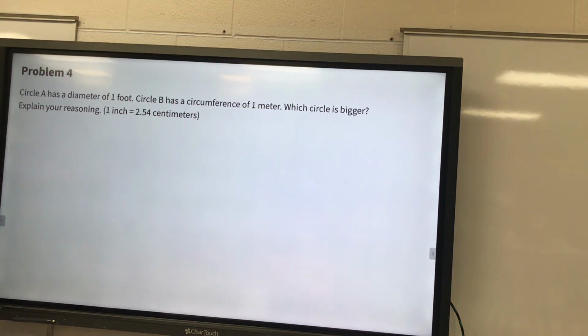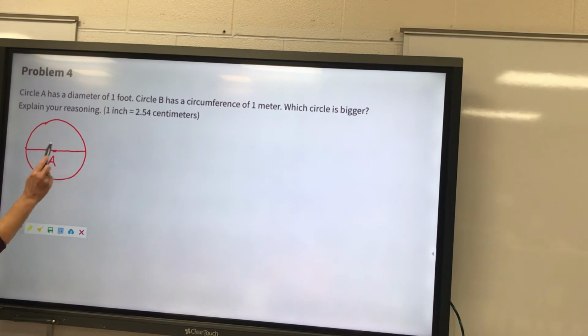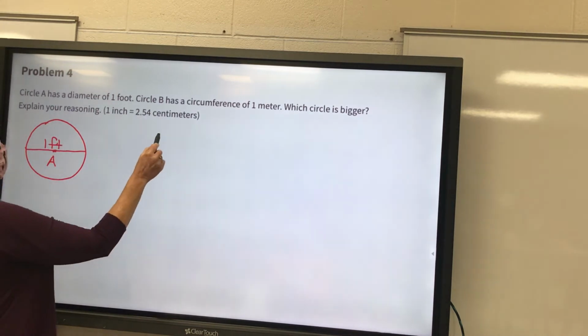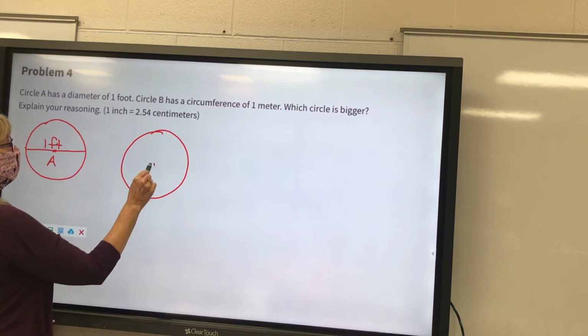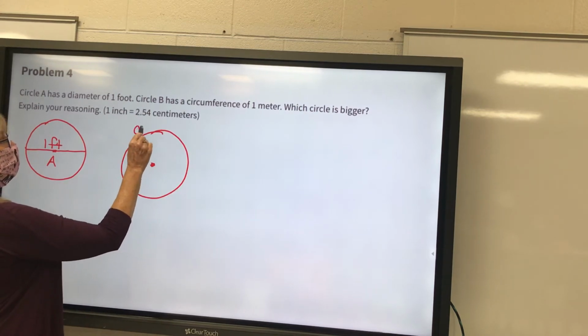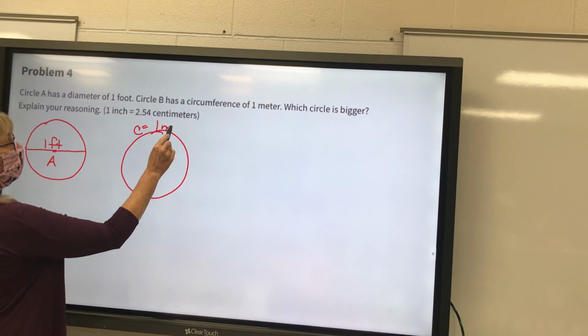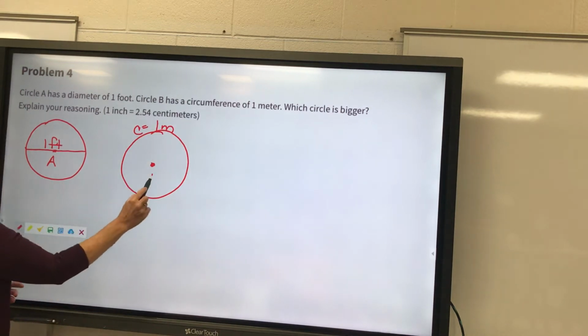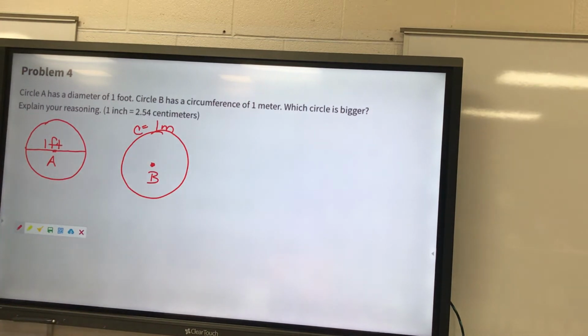Problem 4. Circle A has a diameter of 1 foot. I'm going to draw circle A. Circle B has a circumference of 1 meter. Which circle is bigger, and prove it to me? What do you think?